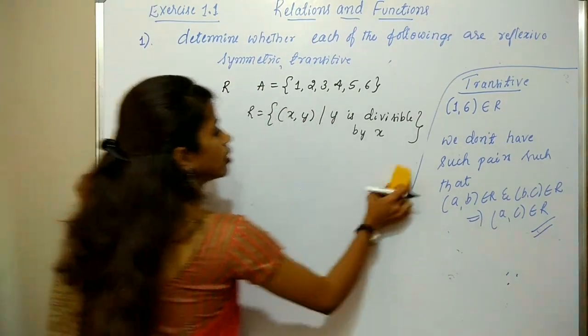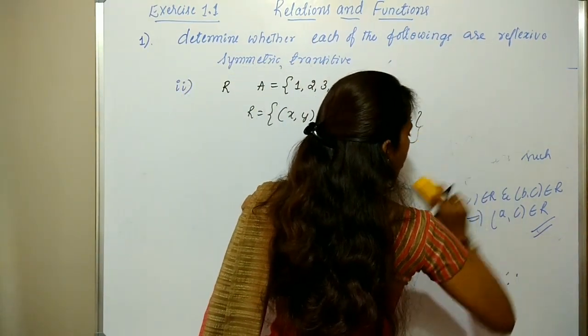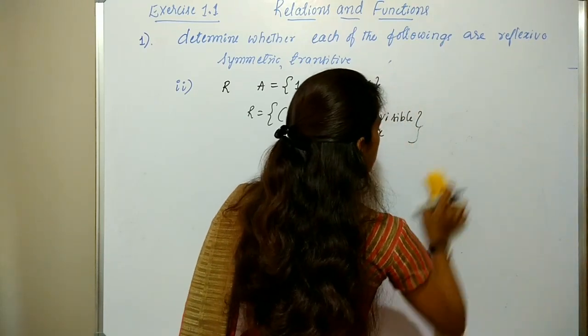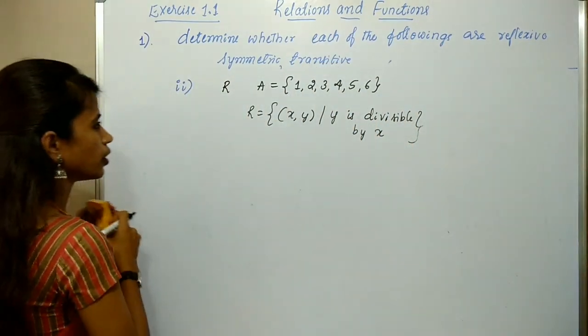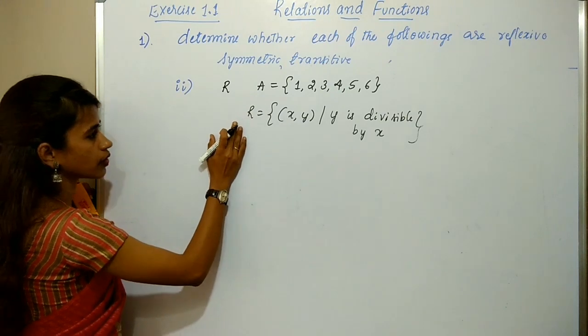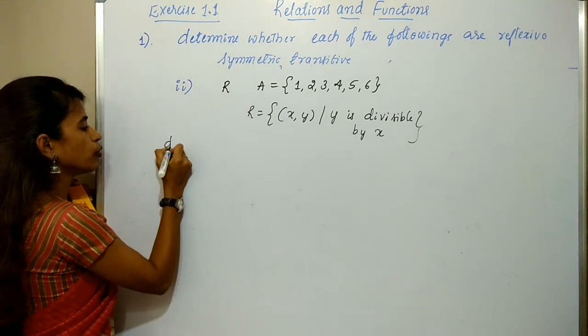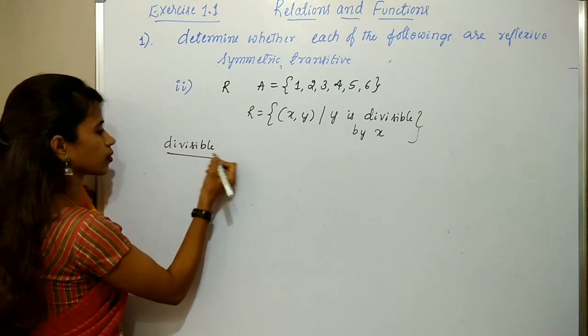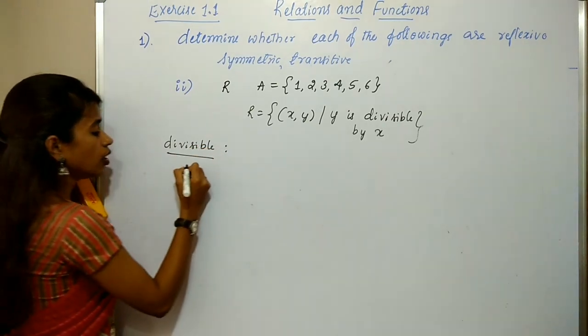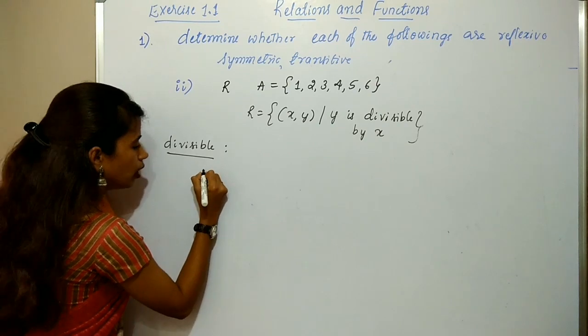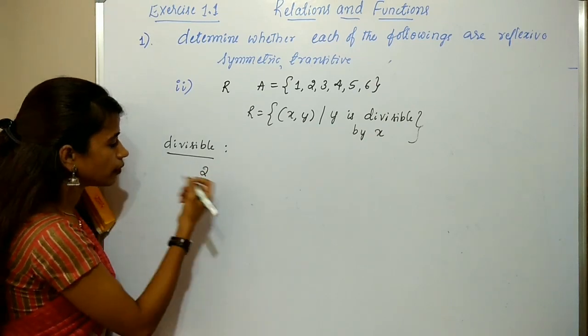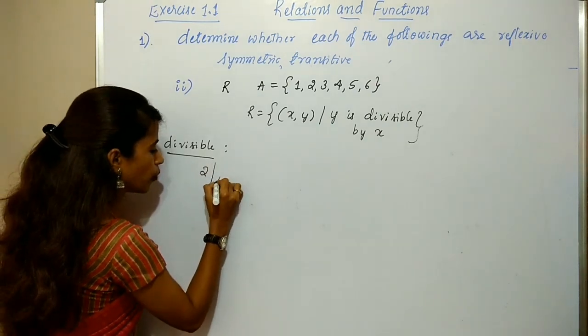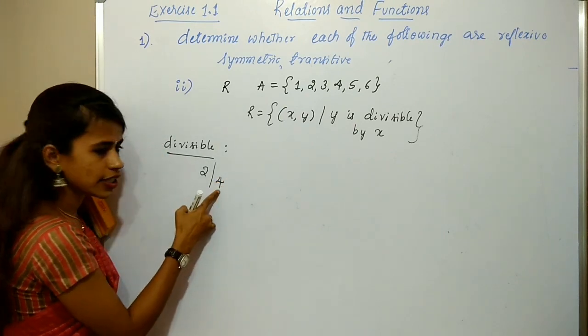So first, I am defining what we mean by divisible. Before going to the answer to this question, what do you mean by divisible? Here, I am taking the example 2 divides 4.